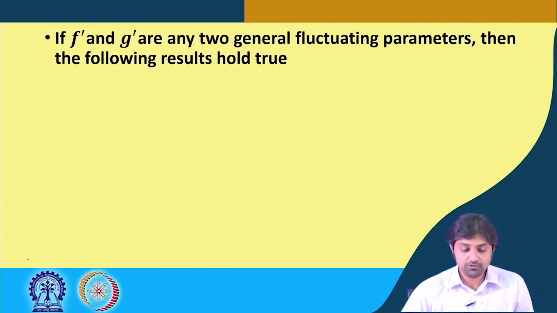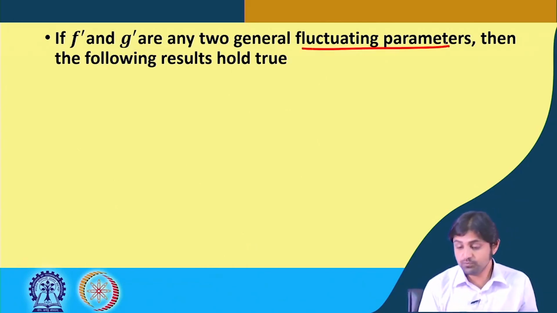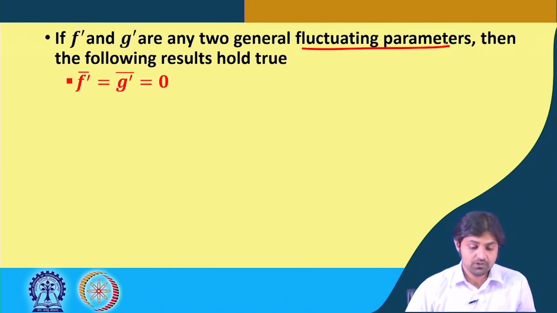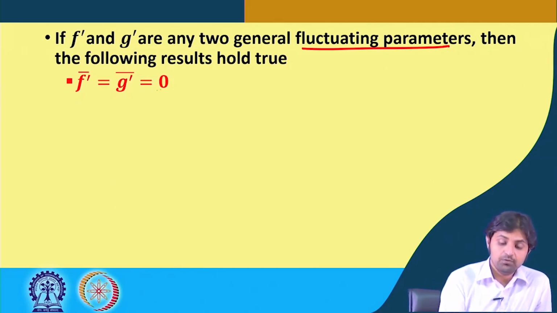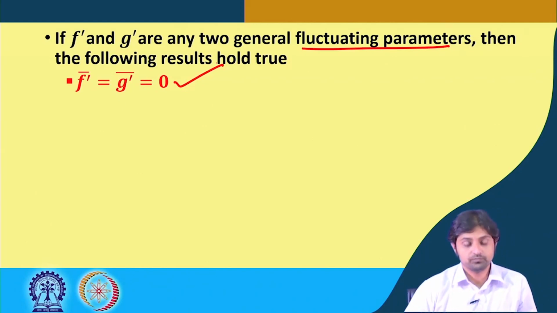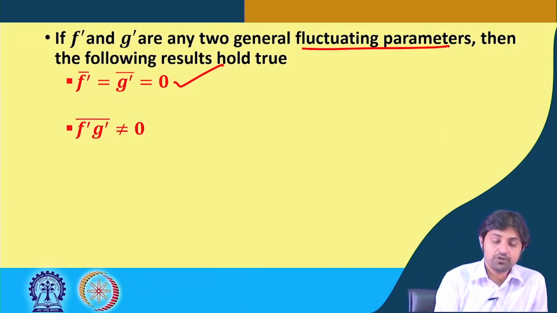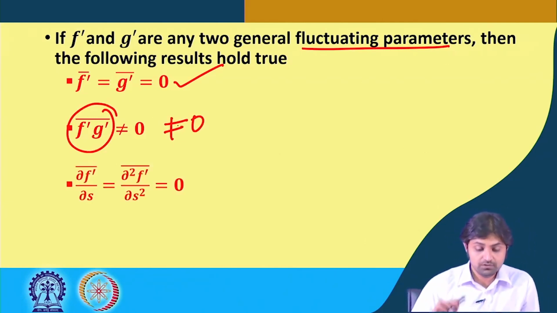So we are going to define some maths here. If f dash and g dash are any two general fluctuating parameters, like u prime, v prime, w prime and p prime, then the following results hold true. If we take the average of a fluctuating component, it will be 0. If we multiply two fluctuating components and then take the average, it will never be 0, it will be non-zero.